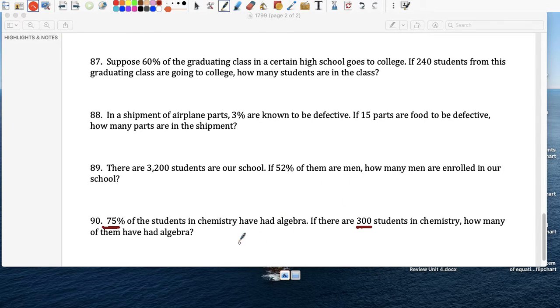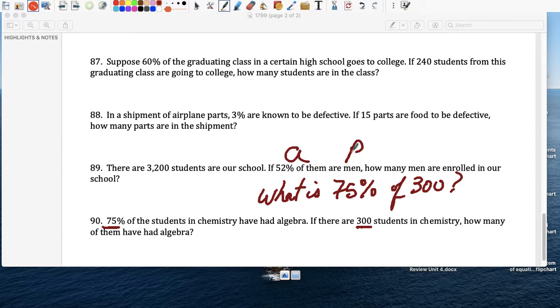This one is pretty straightforward. Not everybody in the chemistry class took algebra, only 75%. So what is 75% of 300?